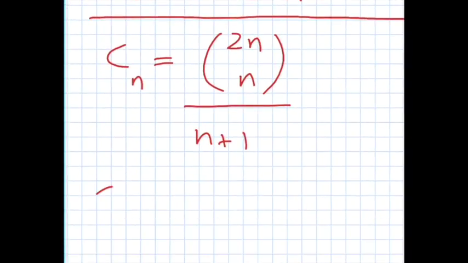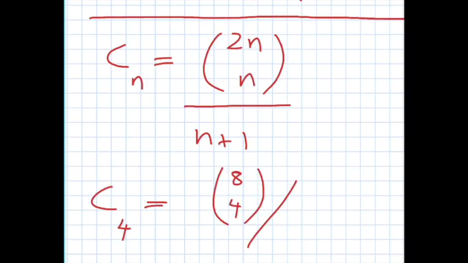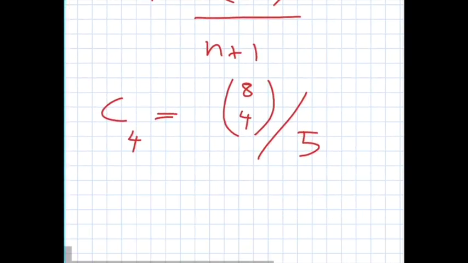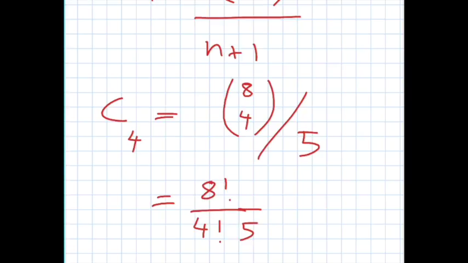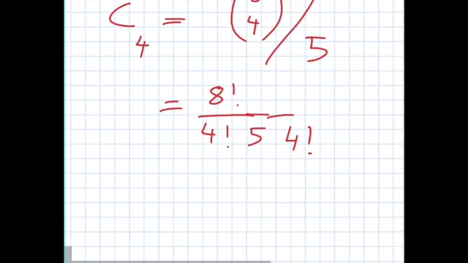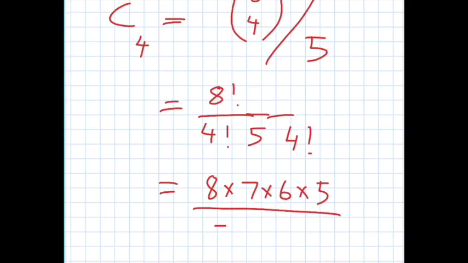So for example, what is the fourth Catalan number? This is 8 choose 4 divided by 5. By definition of combinations, this is 8 factorial divided by 4 factorial times 5 times 4 factorial again, which is equal to 8 times 7 times 6 times 5 divided by 5 times 4 factorial.